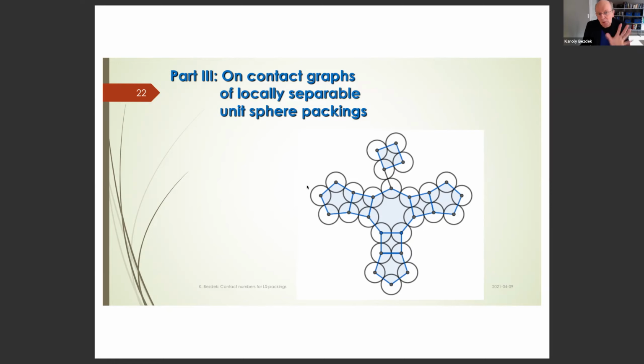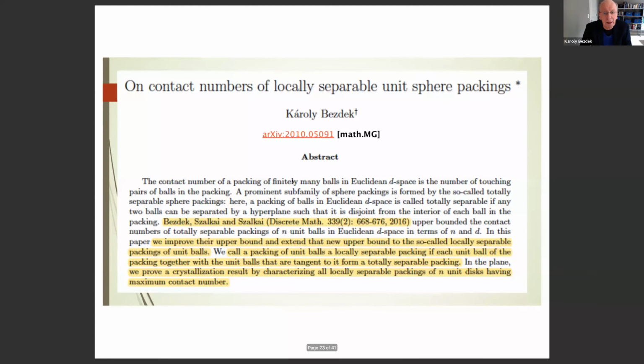So what we want now is to look at locally separable packings. This is a much larger family than the family of totally separable packings. And we want to get some understanding of the behavior of the contact graphs of locally separable packings of unit balls.